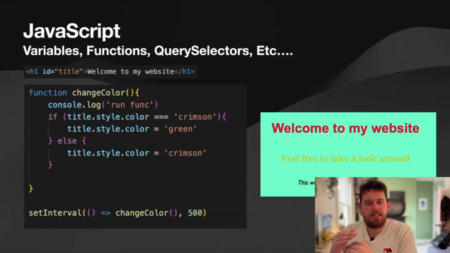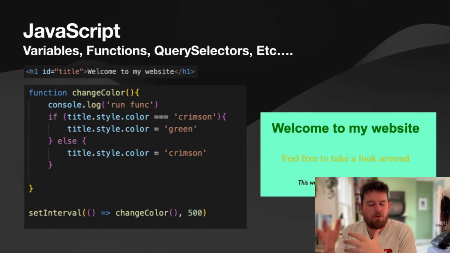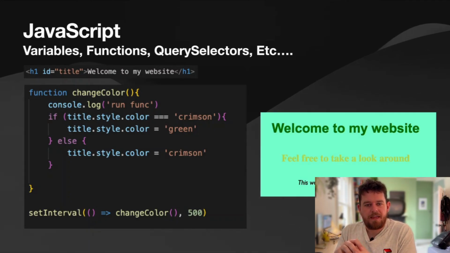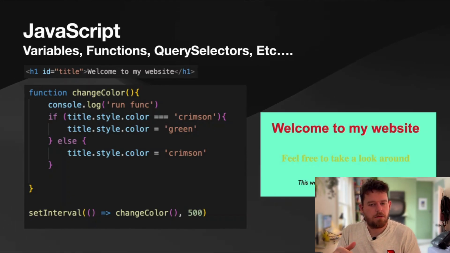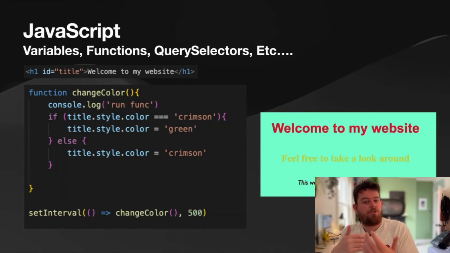And inside our JavaScript, I've written what's called a function. A function is just a reusable block of code that we can use later on. We've said, if the style of our title is crimson, we want to change it to green. But if it's anything else, we want to change it back to crimson.